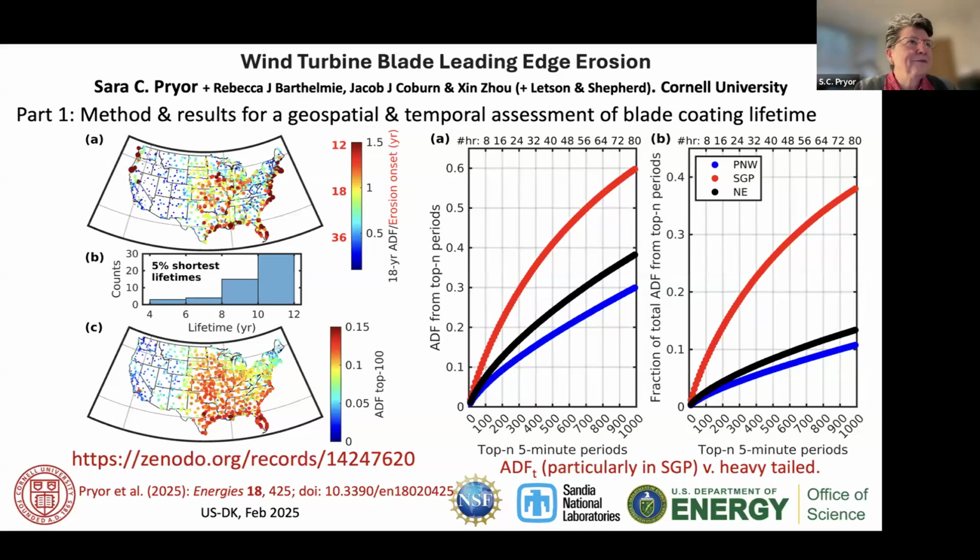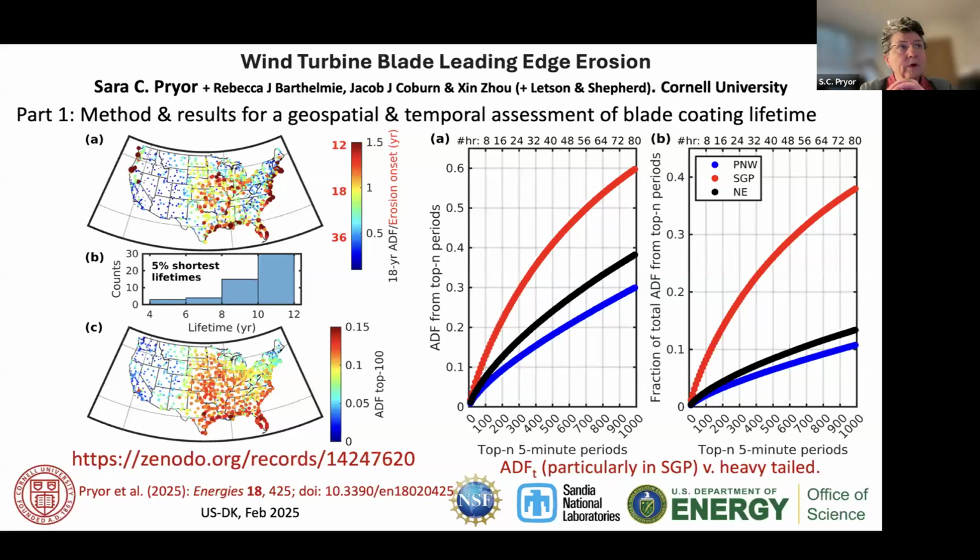No, we've actually been trying to work with the Danes, because they did manage to convince a wind farm to curtail during highly erosive events. They had micro rain radars out at the corners of the wind farm, and I think for a very short period, they did dynamically operate the wind farm.